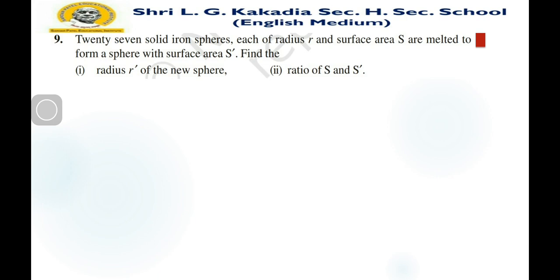Example number 9, the 27 solid iron spheres. 27 solid iron spheres, each of radius r and surface area S, are melted to form a sphere with surface area S dash. Find the radius r dash of the new sphere and the ratio of S and S dash.